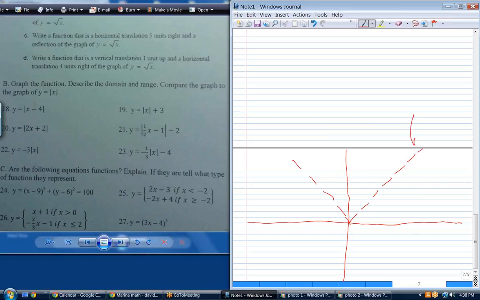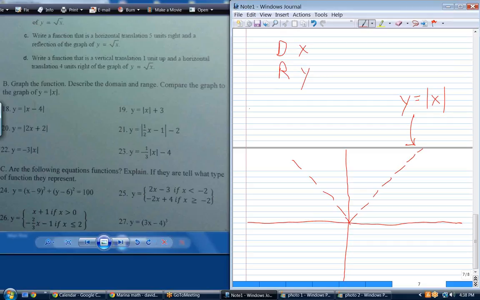And that is y equals absolute value of x. So first of all, what's the domain and range of this? Domain is all real numbers. Okay, what's the range? Y is greater than or equal to 0.